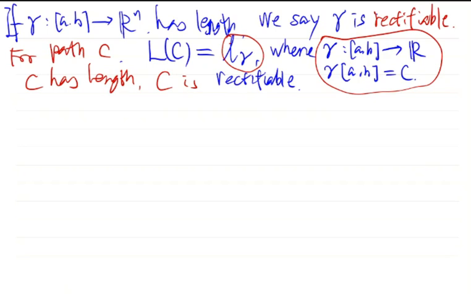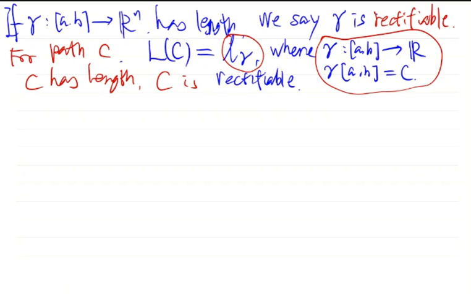Now, another question we need to consider is that we know the union of two piecewise smooth patches is still a piecewise smooth patch once they have a common endpoint, so that you can join them together to get a new patch. But our next question is, if C1 and C2 are rectifiable, they have length, and they have a common endpoint, how about their union?